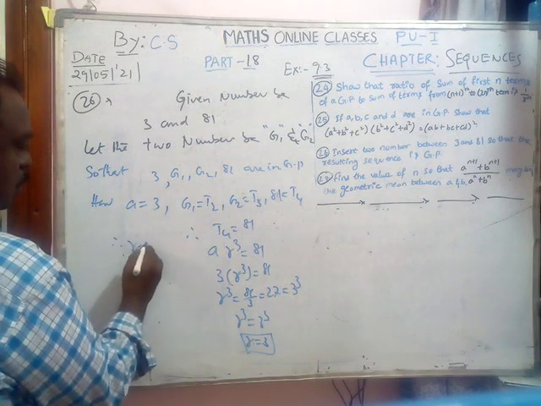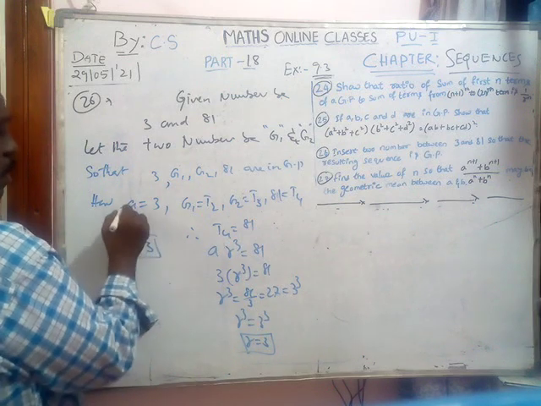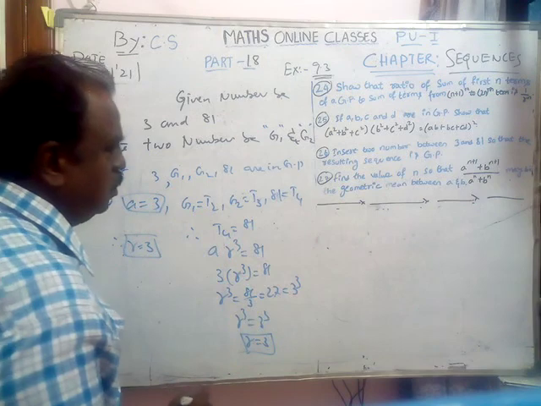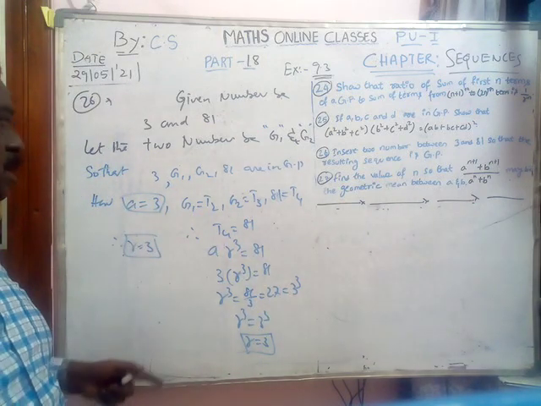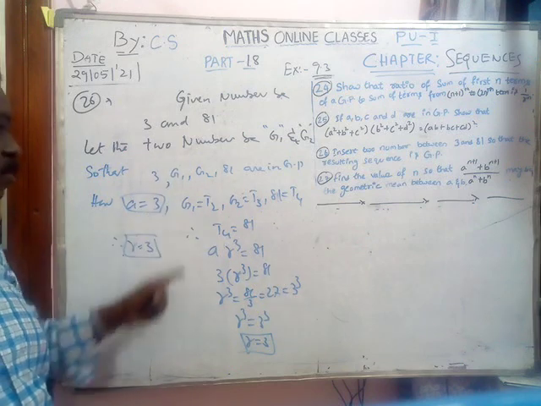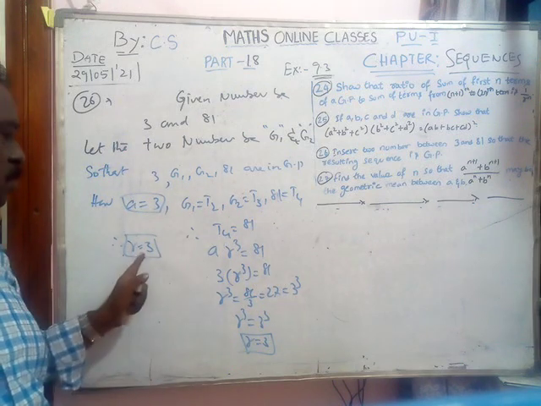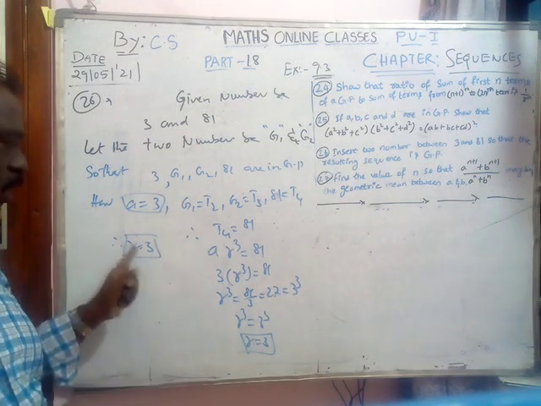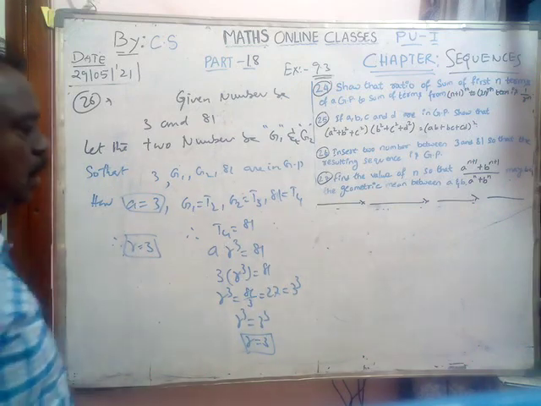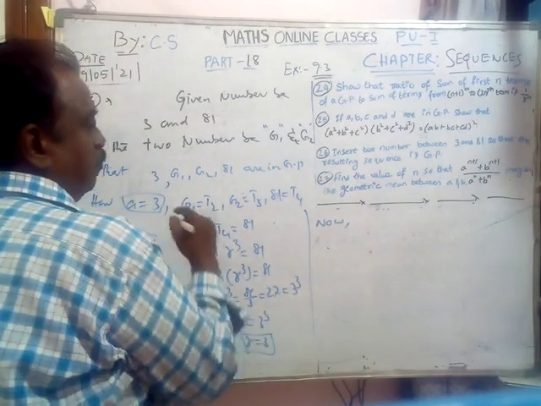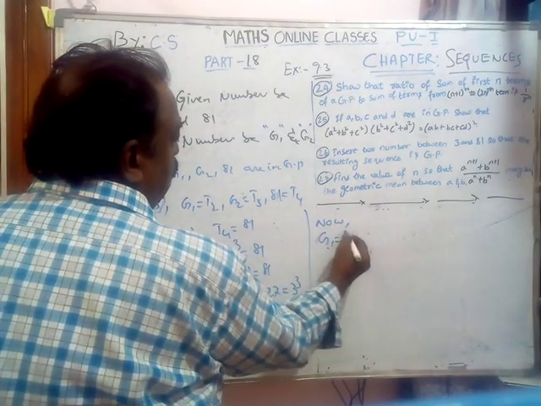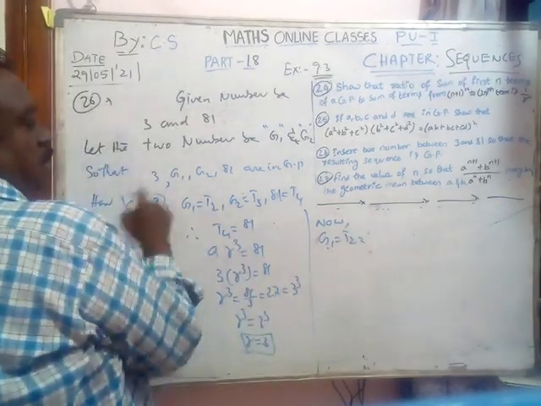Therefore, R is also 3. A is equal to 3 is already given. But by using the condition that the fourth term is 81, we get the common ratio R equal to 3. Now, G1 is equal to T2, the second term.